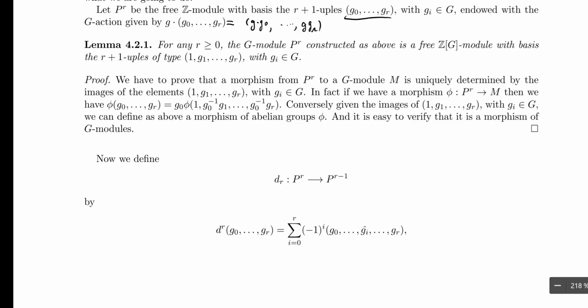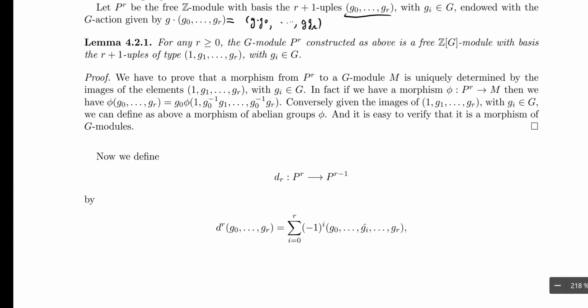When we define P_r, we saw it is, as the lemma says, for any r bigger or equal to 0, the G-module P_r constructed as above.